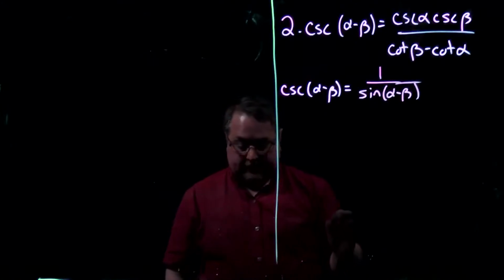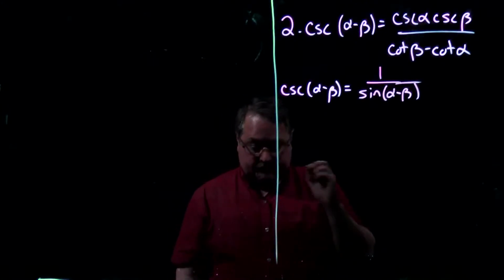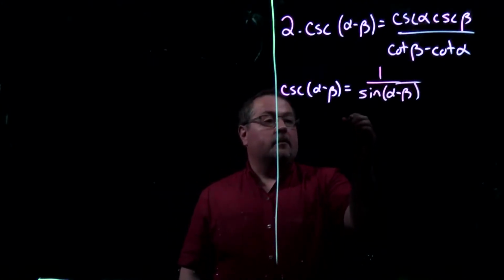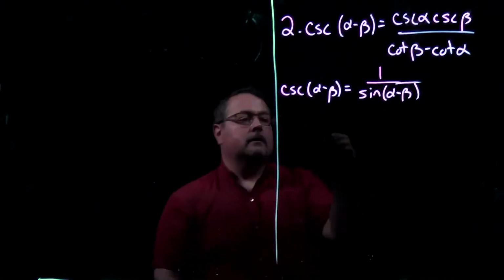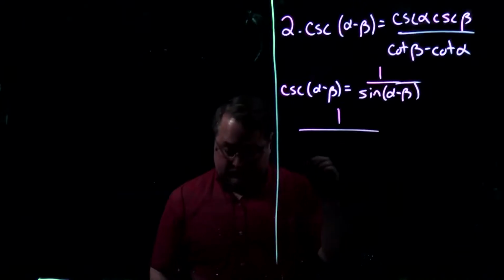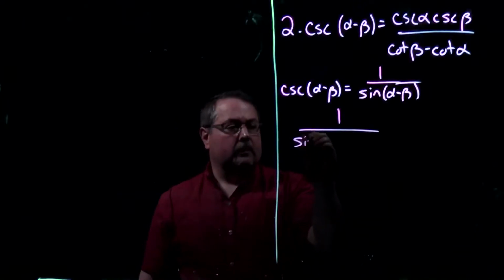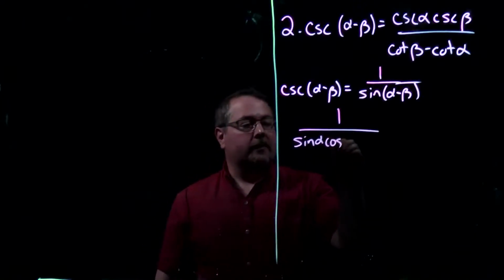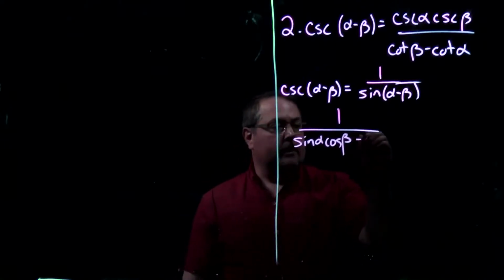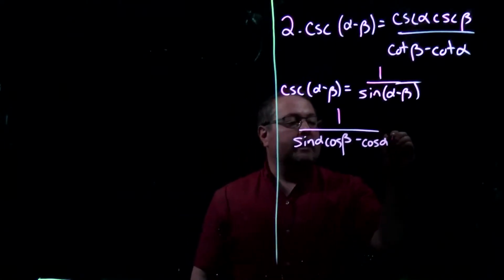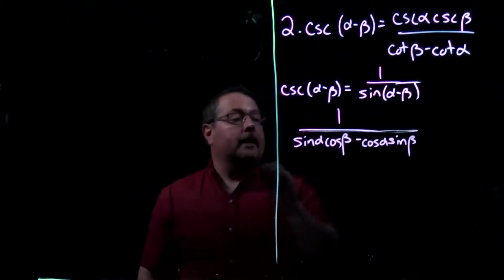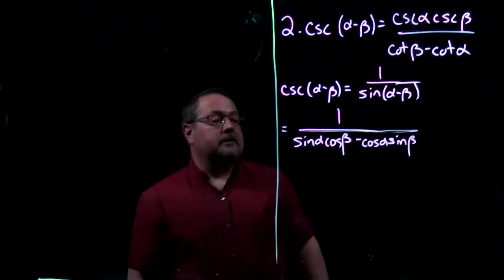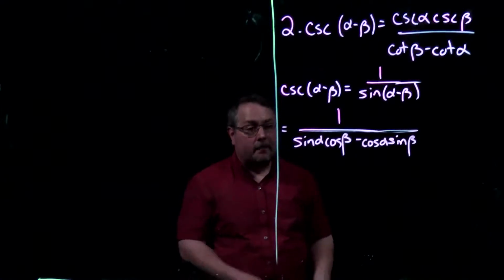Okay, so we use the fact that the sine of alpha minus beta is sine alpha cosine beta minus cosine alpha sine beta. And I'm referring to my formula sheet while I'm doing this. Note that I don't have all these committed to memory either.